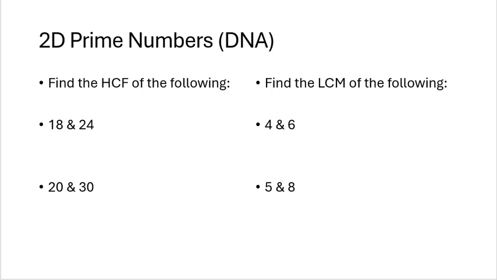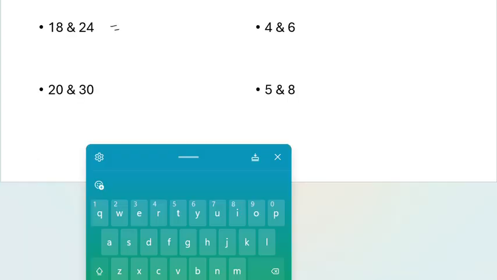For your do now activity, you have the following here. You have to find the highest common factor, and you also need to find the lowest common multiple. I'll give you some time to do it. Typically, you're given 5 minutes in class to do it, but I'll just give the answers now. So over here, what is this?